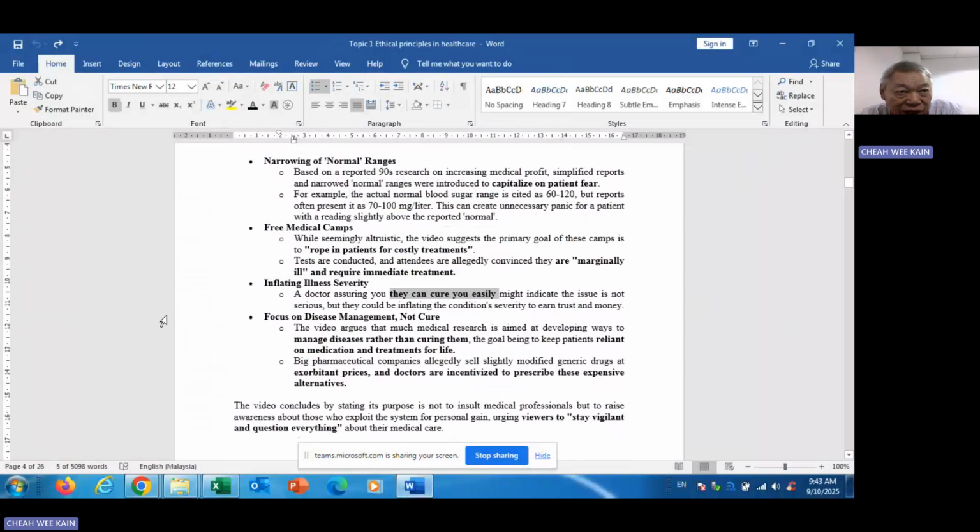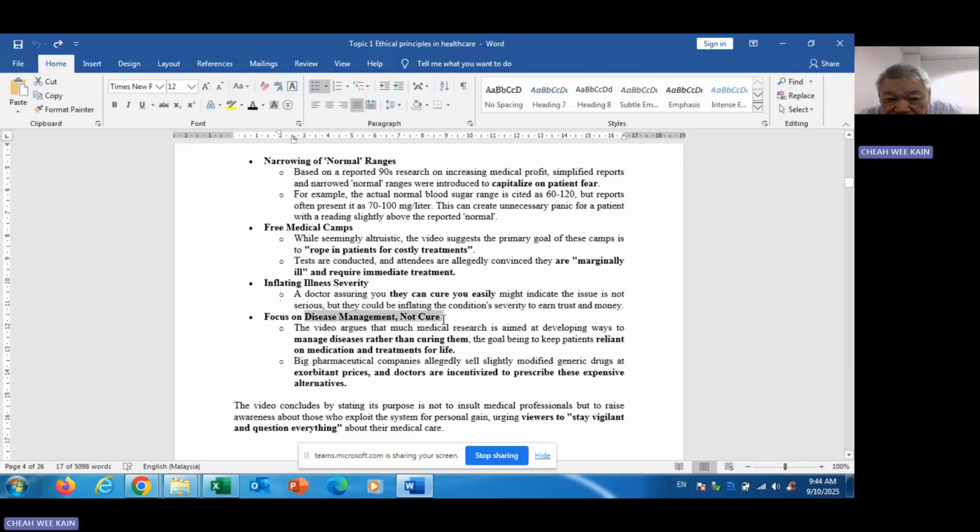But they leave the unspoken sentence, which is you have to pay. Okay. So they will say that the issue is not serious, but they could be inflating the condition's severity to earn trust and money. Now, this is very common.